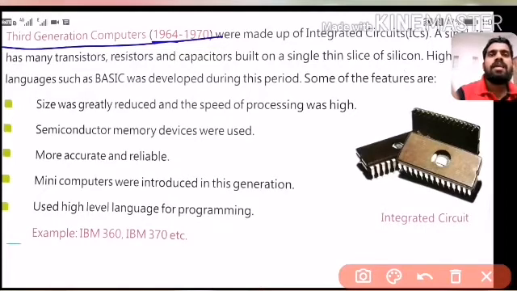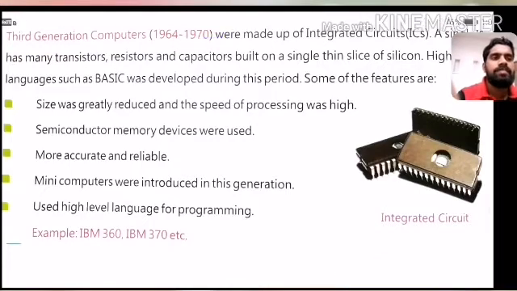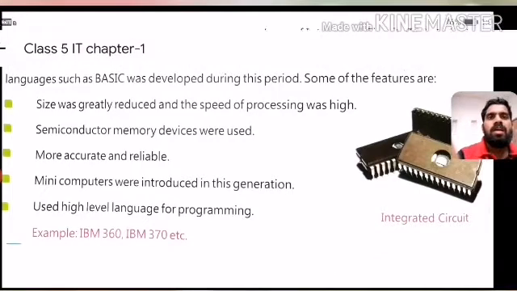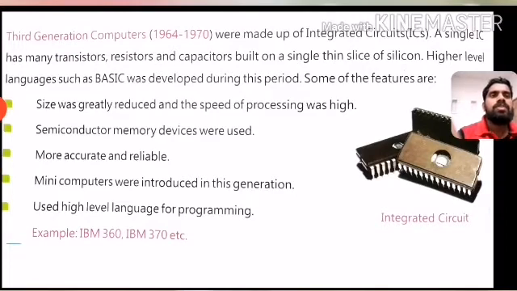A single IC has many transistors, resistors, and capacitors built on a single thin slice of silicon. High-level languages such as BASIC were developed during this period.